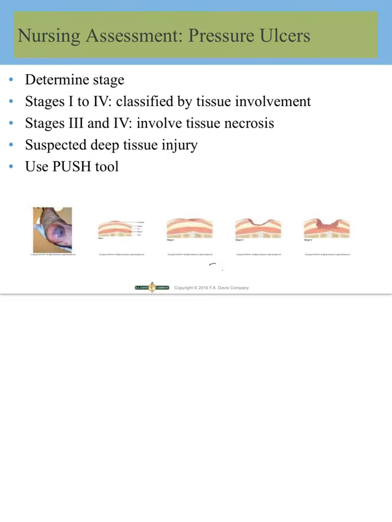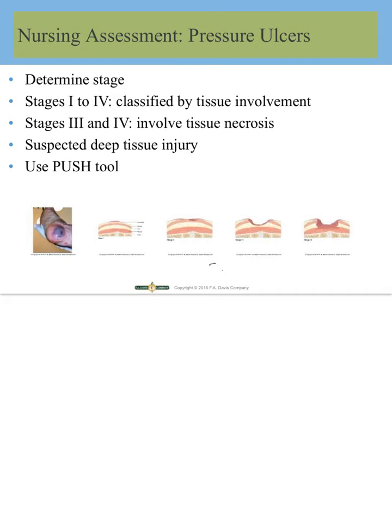Pressure ulcers are assessed and documented, and you need to determine the stage of a pressure ulcer. The stages are from 1 to 4. There are some good pictures in your book on page 910 and 911 that actually is a little bit better than this diagram. They are classified according to the amount of tissue involvement.